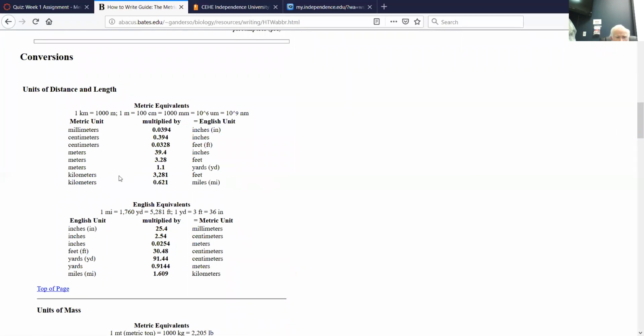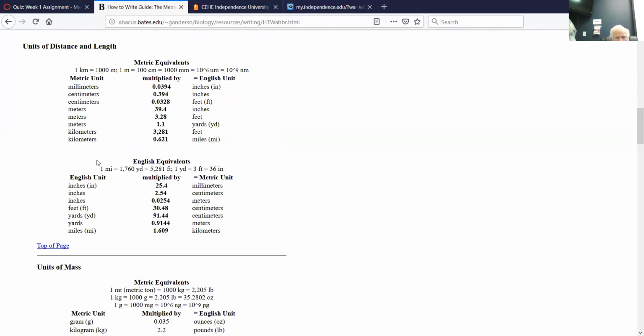As I said, the meter is the basic length. It's about 1.1 yard. And the kilometer is about 0.621 mile. There are essentially no real easy conversions across from the metric to the English, so we use a bunch of approximation when we're thinking about these things.